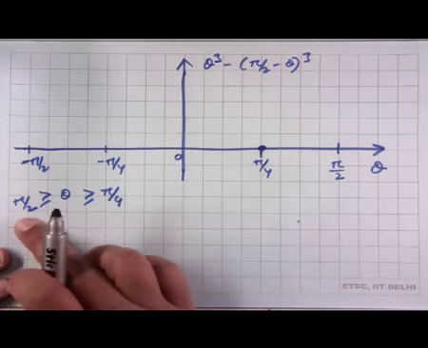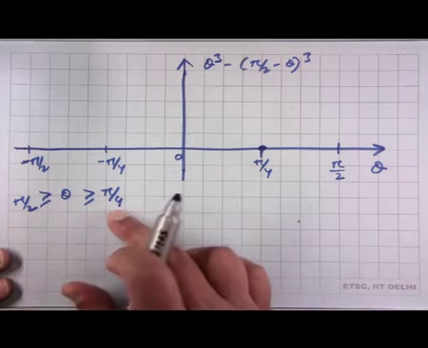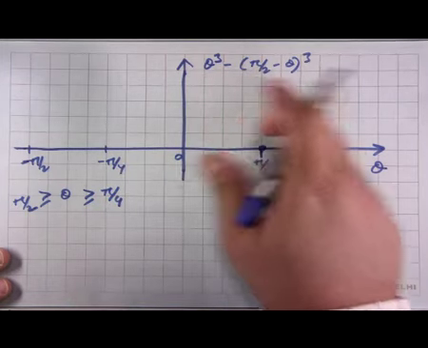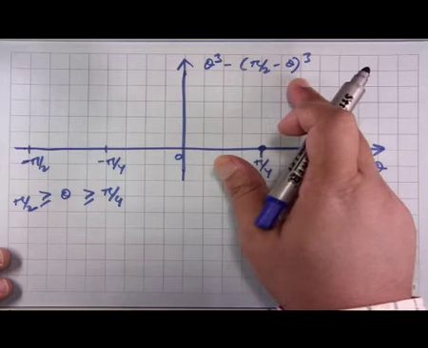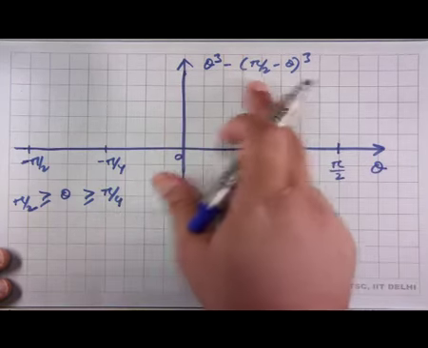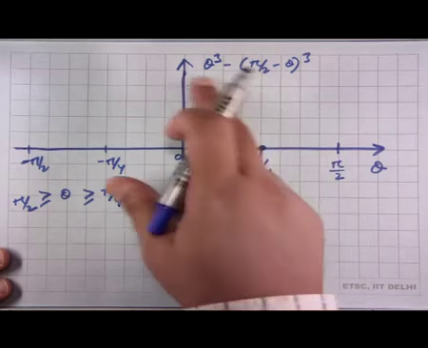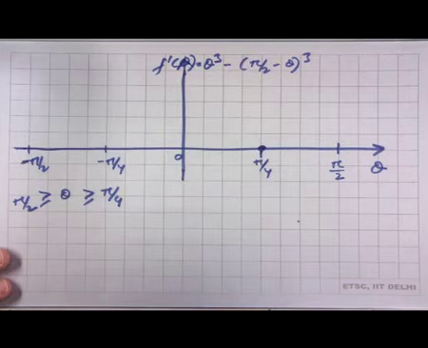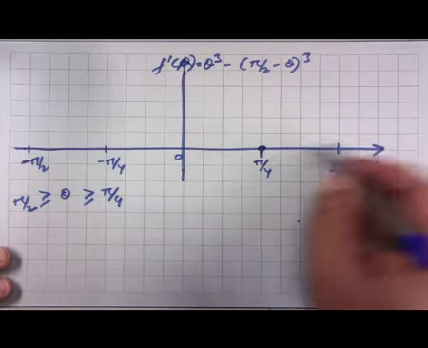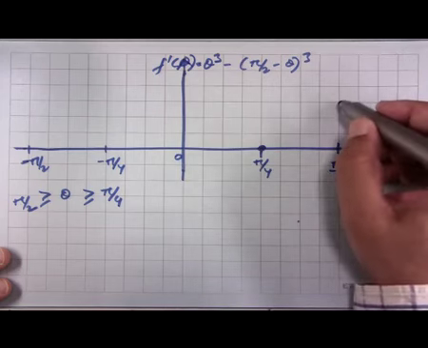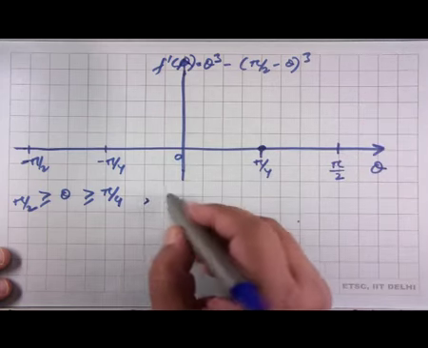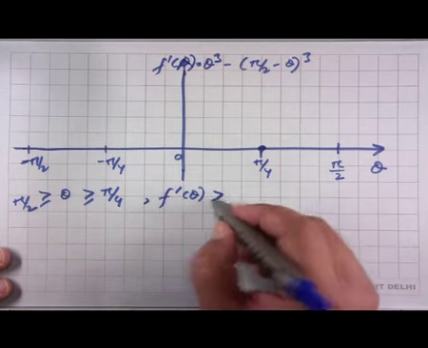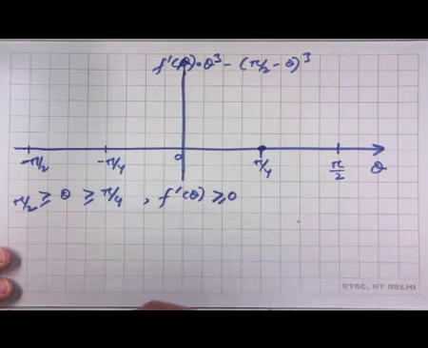When theta is between these two values, both theta as well as pi by 2 minus theta are positive, and also in this region theta is greater than pi by 2 minus theta, and therefore this first derivative has to be positive. So, in this region, it is clear that f dash theta is greater than or equal to 0.